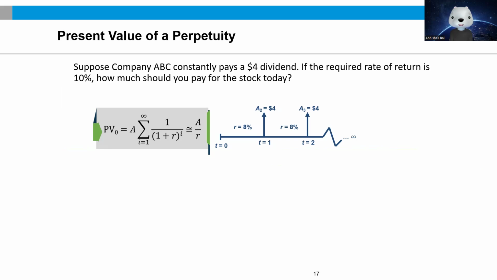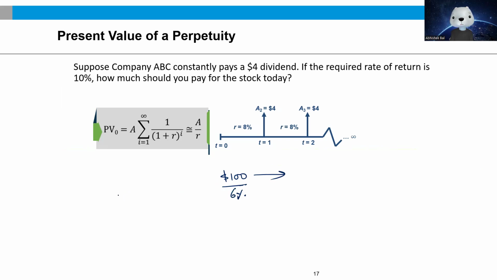So it is as good as saying that if you're receiving $100 a year from a bank, and this continues forever, how much do you actually put in the bank as savings? Let's say the savings rate is 6%. Obviously you can understand that this is going to be simply 100 divided by 6%. How is it so?